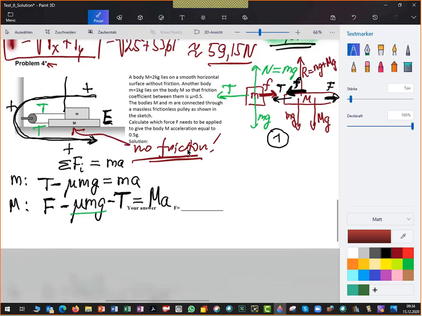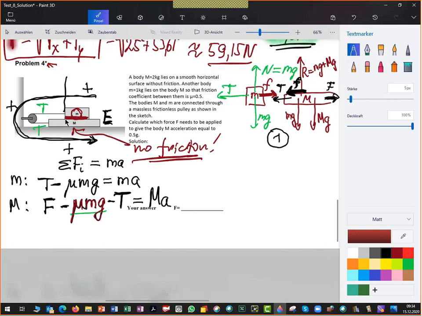Then the only force of friction which appears in our system is here, and it is caused entirely by the normal force produced by the smaller body. That's why for the larger body it is also mu m small g. It's still the same friction force that acts between these two bodies, okay?